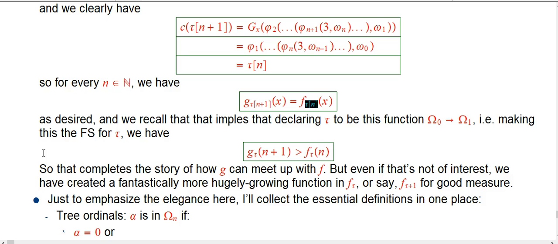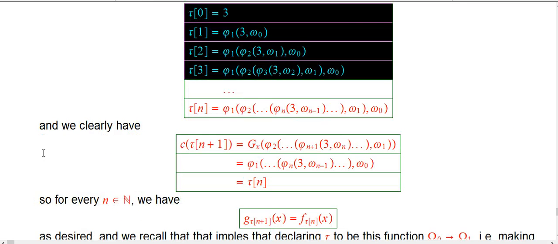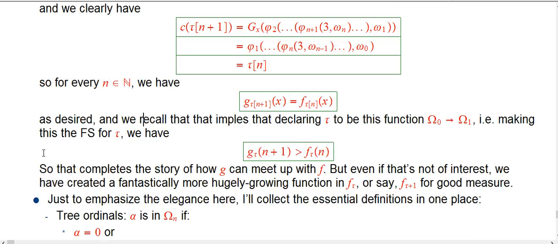And so we could say the G's are really, really slow growing because you have to go to the next stage in this process to replicate the F. But the magic of tau, the magic of ordinals and things like that, is we now declare tau to be the tree ordinal with that fundamental sequence. Or in other words, tau is the function we've just specified from omega naught to omega 1.